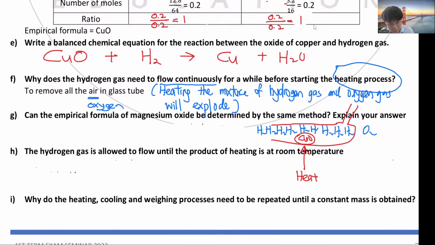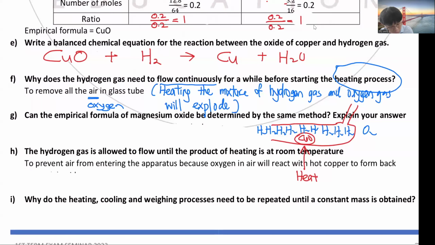After you complete the experiment, you need to continue flowing the hydrogen gas, because if you stop flowing, the oxygen might enter back. Once it enters back, it reacts with the hot copper, and it will form back your copper 2 oxide. So you need to wait until your hot copper becomes cold.